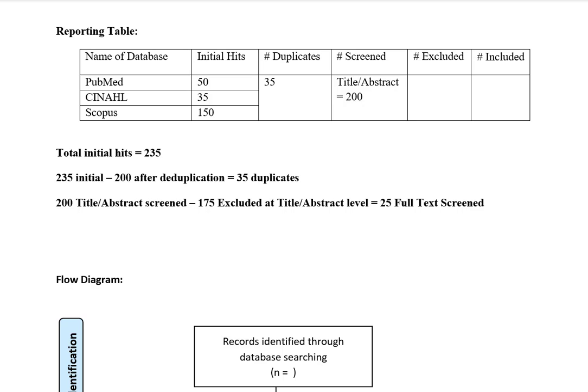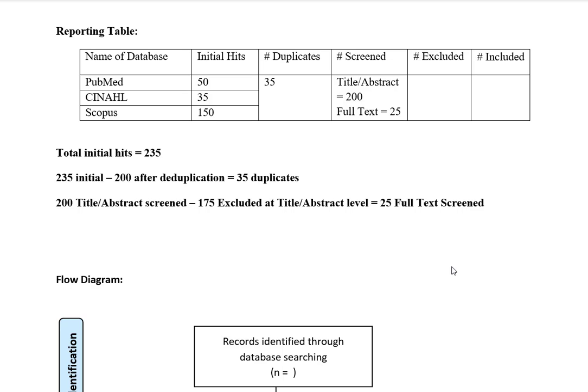So the way that you would break that out for yourself to keep track of your records, you could make a note. You screened 200 at the title abstract level and you screened 25 full text. That means that you read 25 manuscripts, 25 articles, and decided whether they met your inclusion-exclusion criteria, whether they would answer your synthesis question.